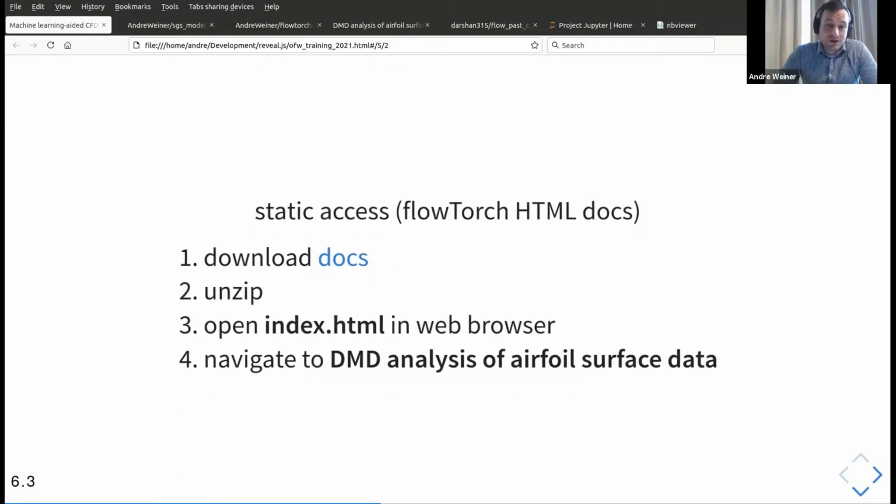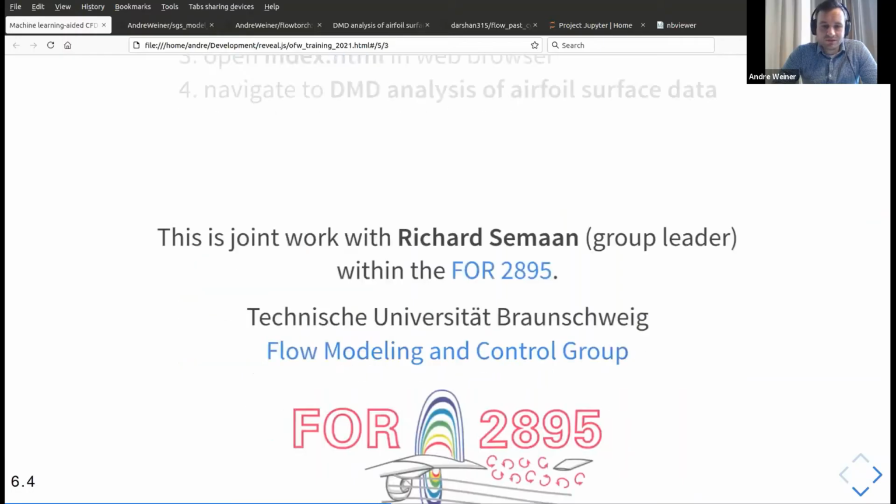If you prefer to have static access to look at what is in there, you can download the HTML documentation under this link, unzip it, and open the index.html in your web browser. And finally, the tutorial is called DMD analysis of airfoil surface data.